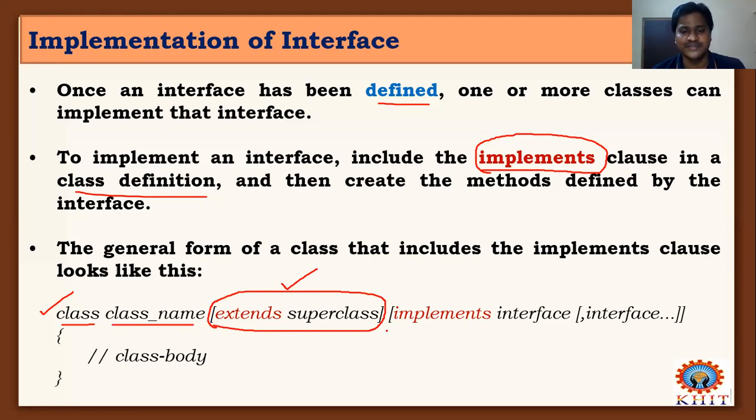And coming to the interface point of view, any class adopting or inheriting the properties of an interface uses the keyword implements in the class definition: the class keyword, followed by the class name, implements, interface name. Or it can implement more than one interface, then we mention those interface names separated by commas. We'll see all these in examples clearly, don't worry.